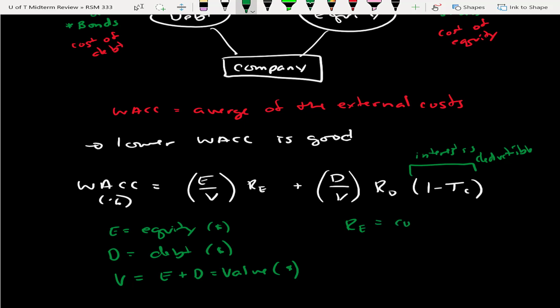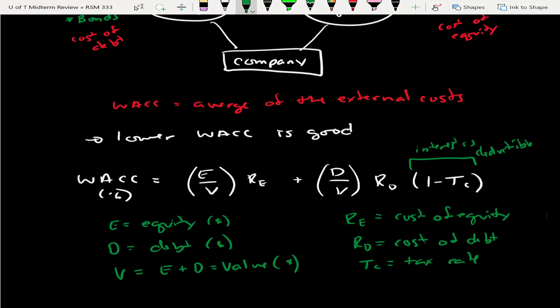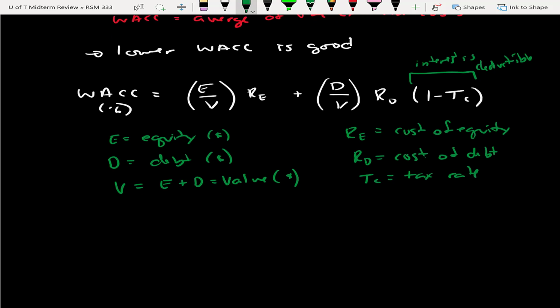RE is the cost of equity. RD is the cost of debt. And TC is the tax rate. So this will tell you how to calculate the cost of capital.